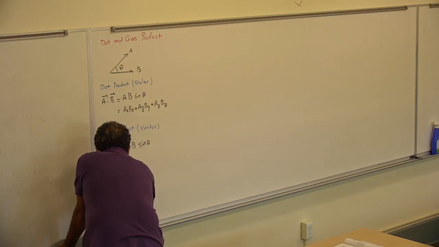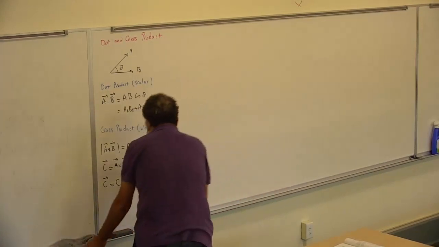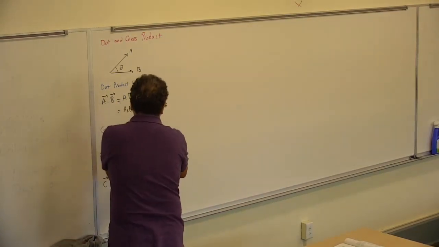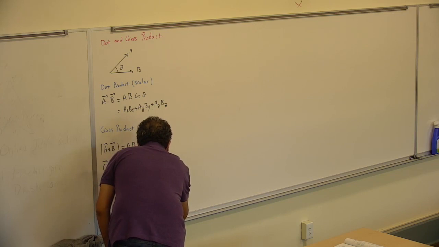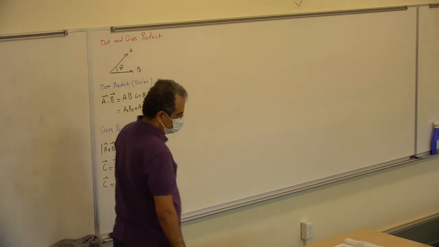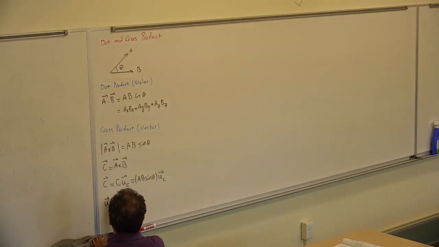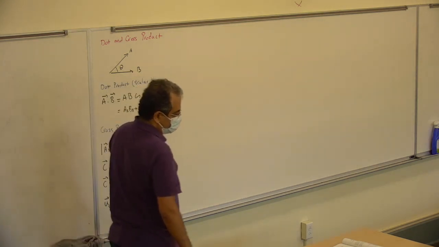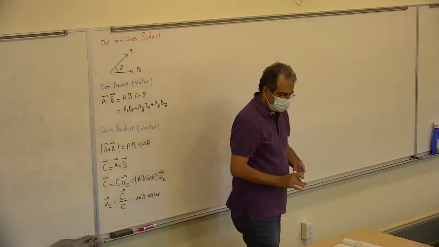So the C will be the magnitude of the C, which is A B sine theta, and the unit vector along the C. And as before, the unit vector along any vector is the vector divided by its magnitude. That's it.